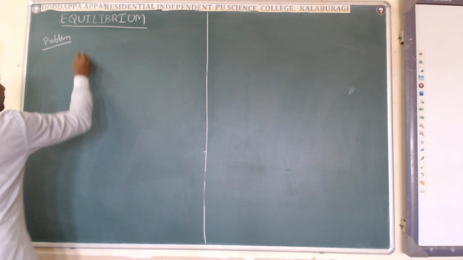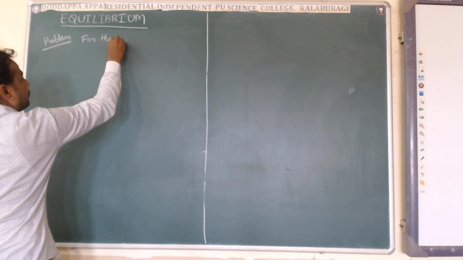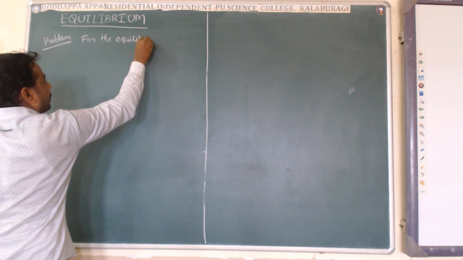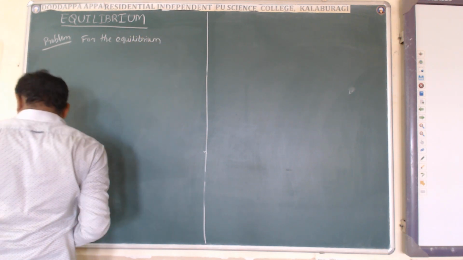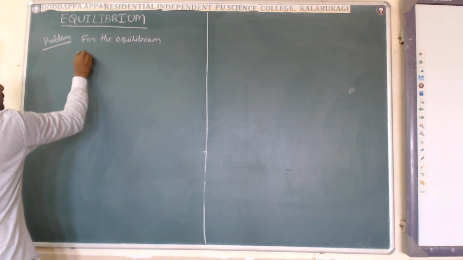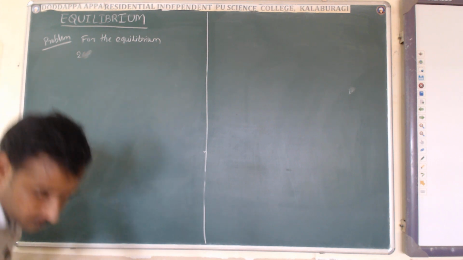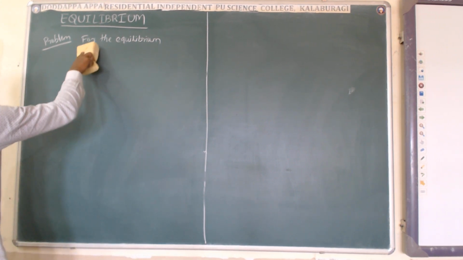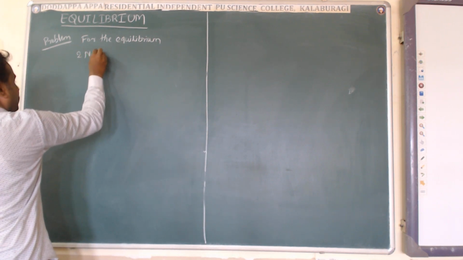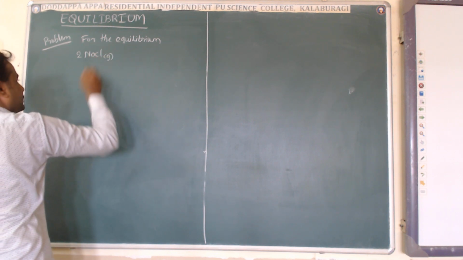Problem: for the equilibrium 2NO plus Cl2 reacting to form 2NOCl, all in the form of gas.